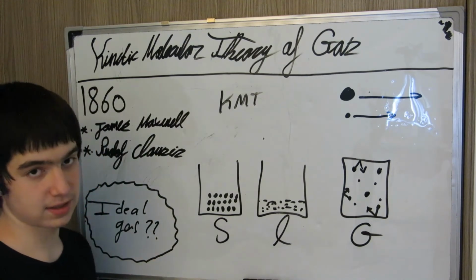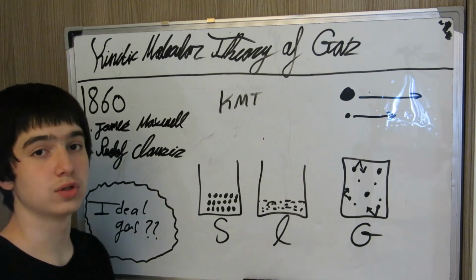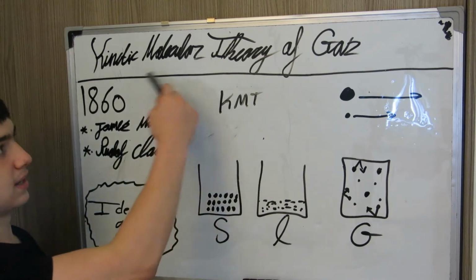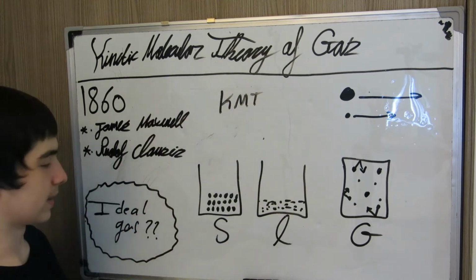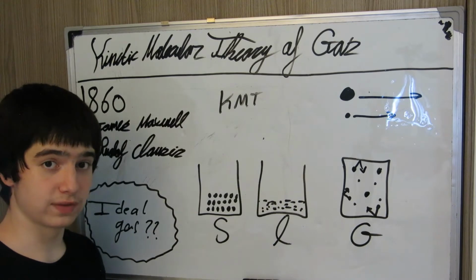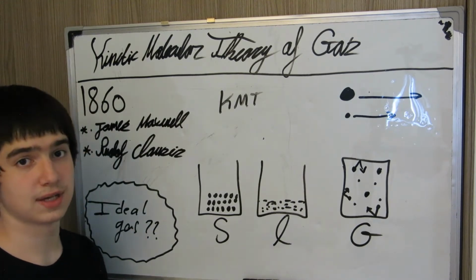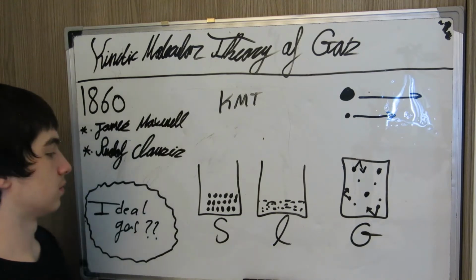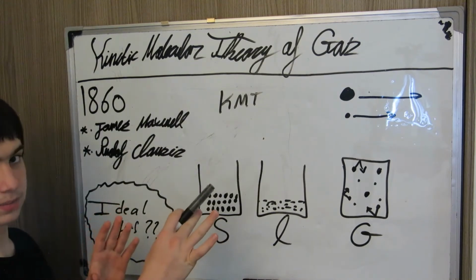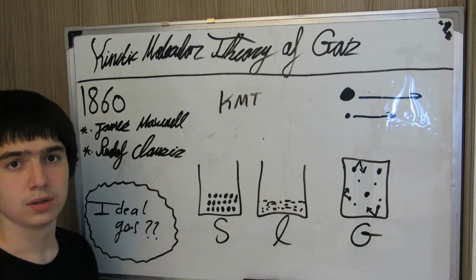Especially gases, it's hard to find an ideal gas that follows all the rules of the kinetic molecular theory of gas. Now let's talk about the rules, and we're going to show them on the second board. This part was only an introduction and idea about the law.